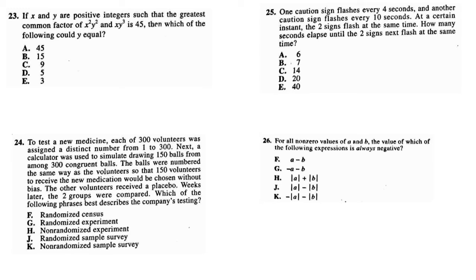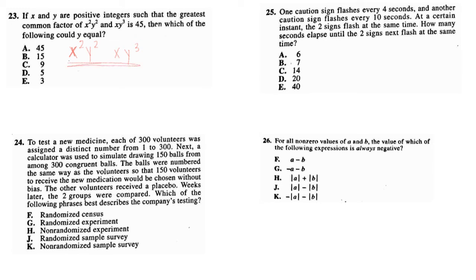So we've got to think about common factors here. We've got x squared y squared, and then I have an xy cubed. Okay, and so what I need to do to get the GCF is between, let's undo that last line there.